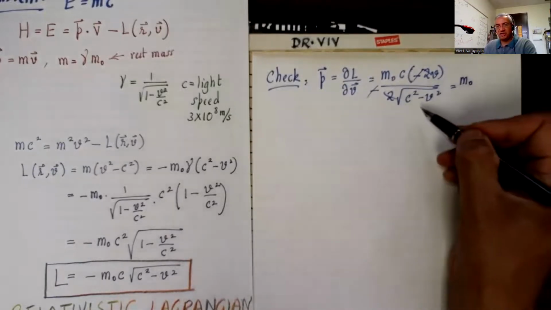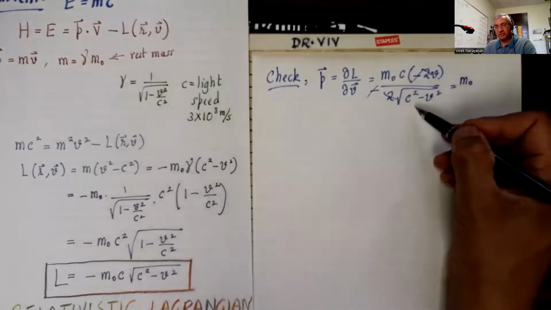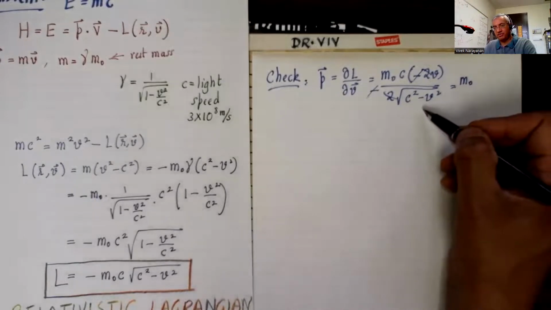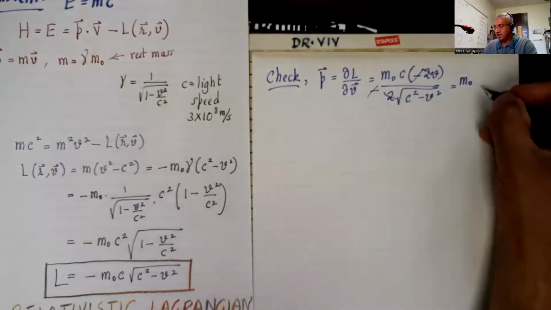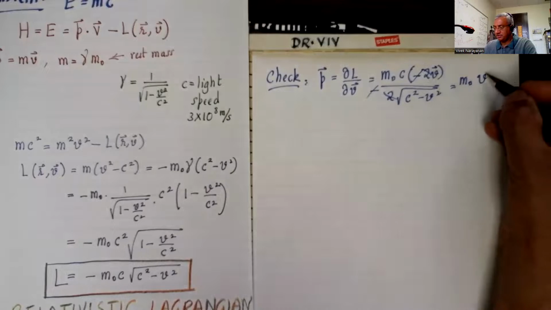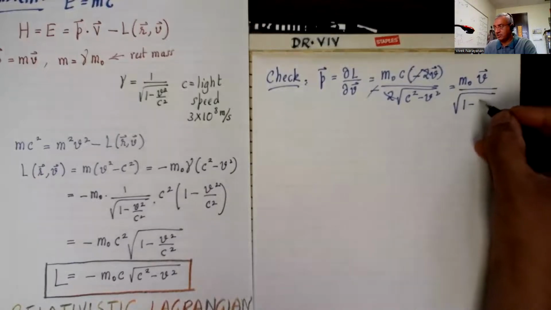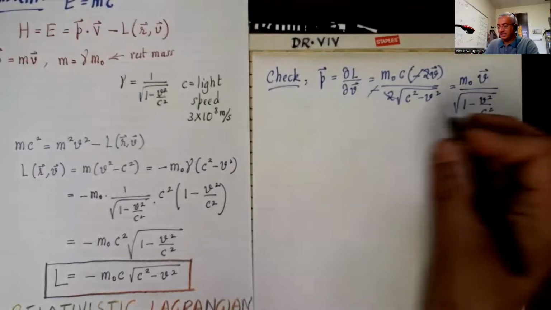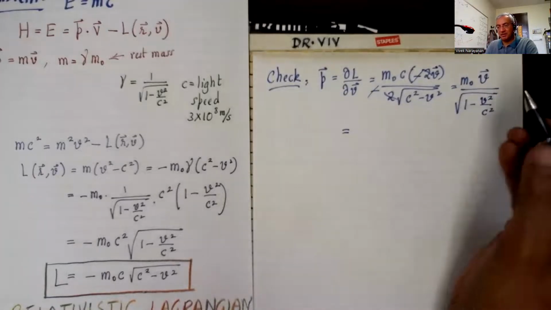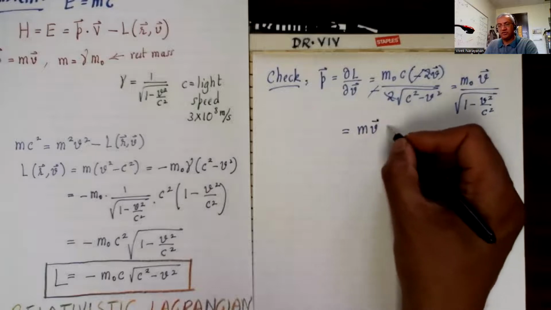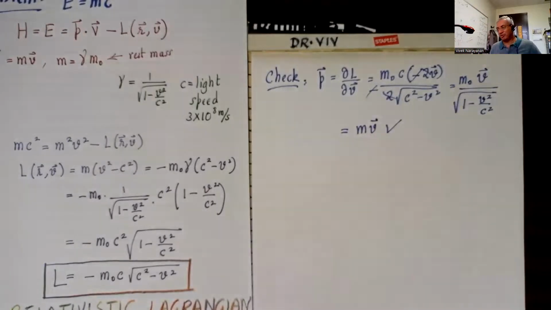I can take the c inside the square root sign by dividing the denominator by c squared. So that gives me m naught times V, the vector, divided by the square root of 1 minus V squared over c squared. And that precisely is m naught times gamma, which is mv. So this recovers for us the canonical momentum.